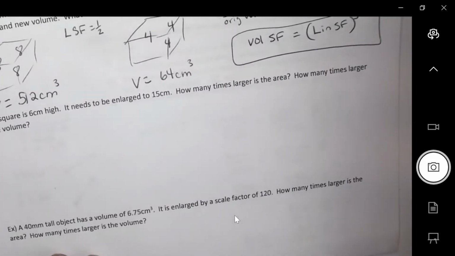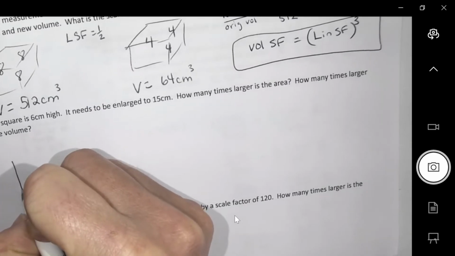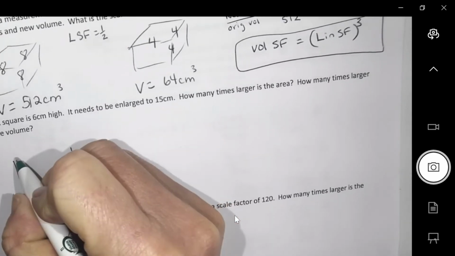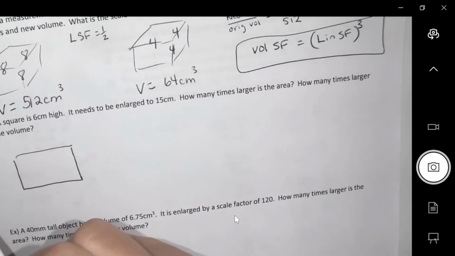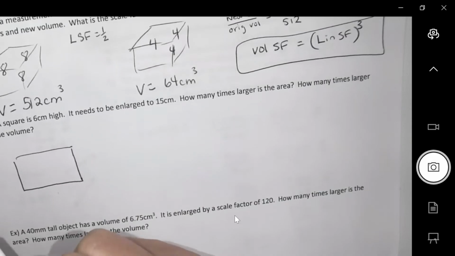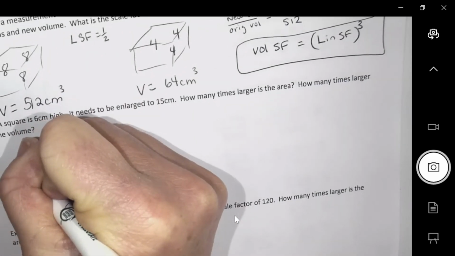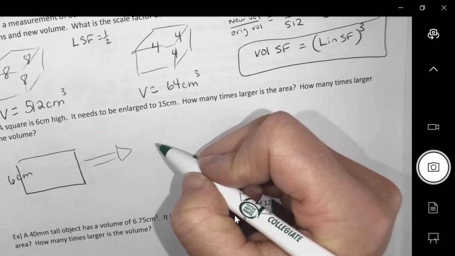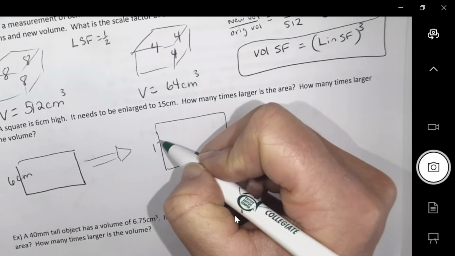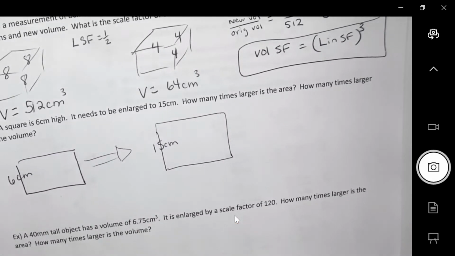Okay, a square is 6 centimeters high. It needs to be enlarged, and I need to enlarge it to cause that 6 to go up to a 15.